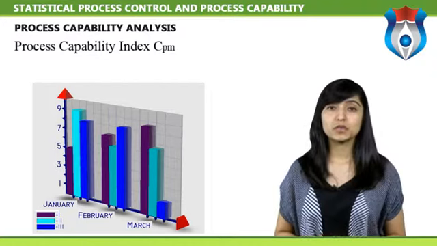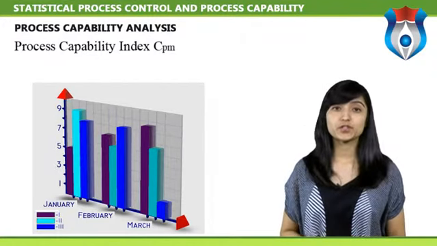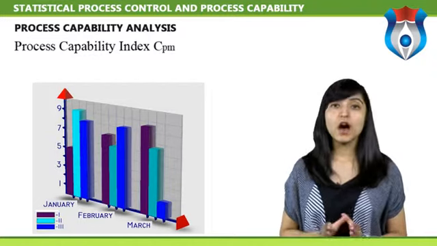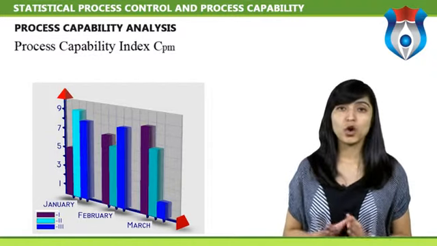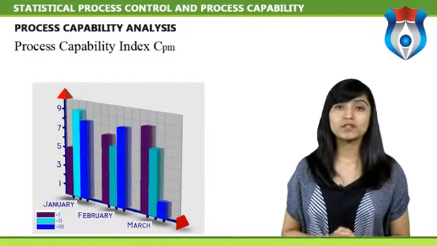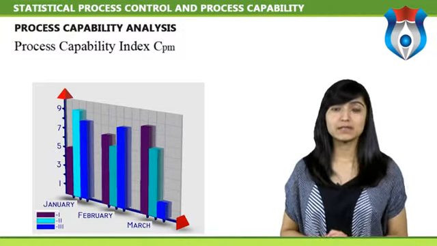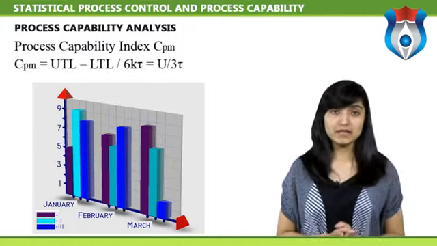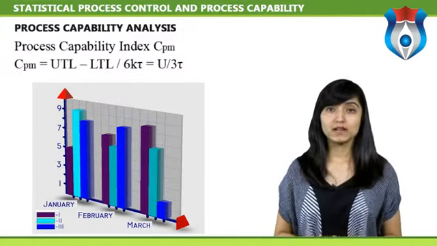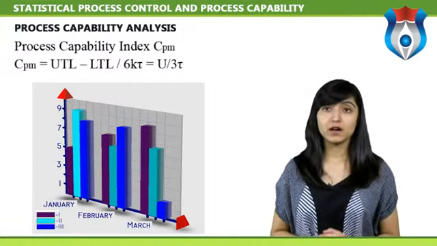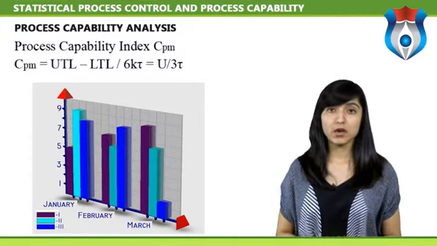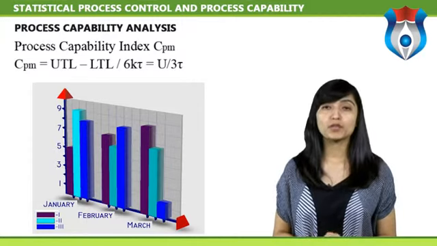The most interesting information is about the quality of individual measurements, that is, how far measurements performed on the check standard are from the nominal value X0 of the check standard or from the tolerance limits respectively. CPM is equal to UTL minus LTL upon 6 K tau, which is equal to U upon 3 tau.